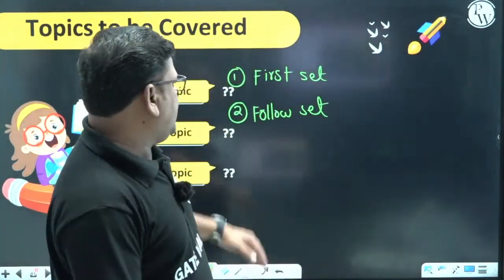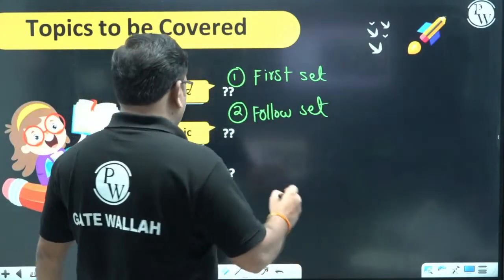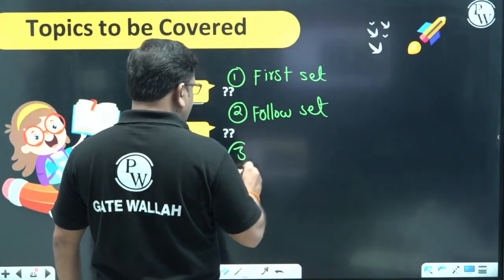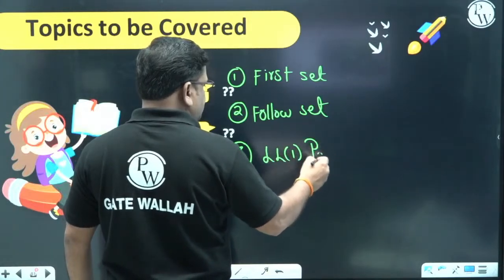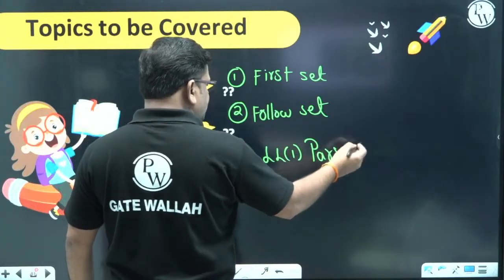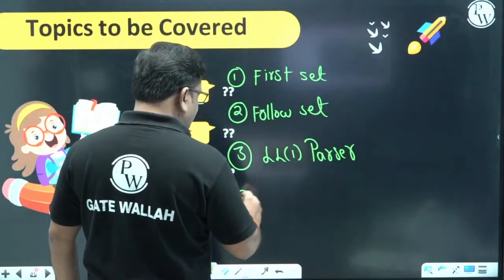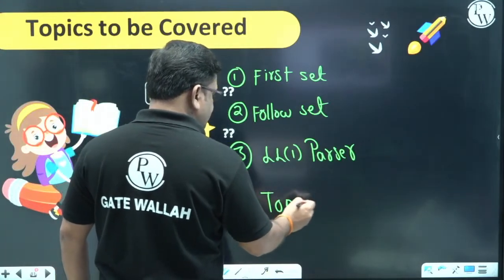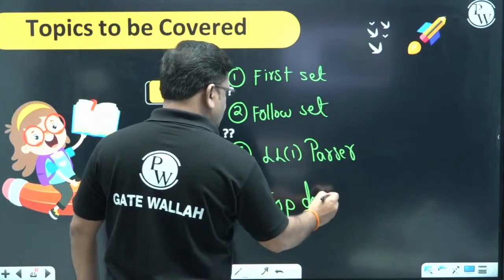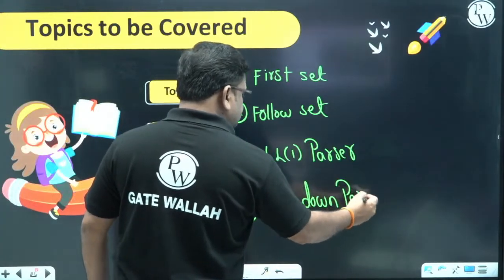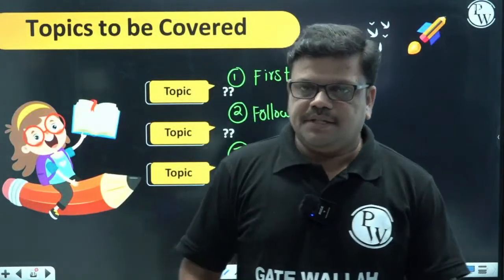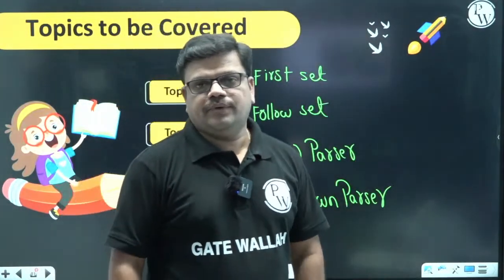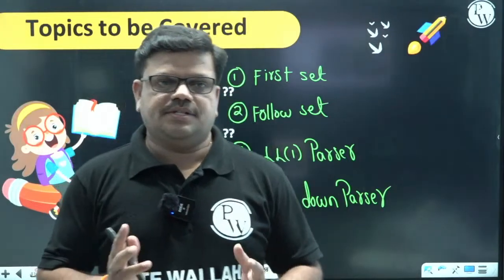Based on the first and follow set values, we are discussing a special type of top-down parser called the LL1 parser. So today's discussion is completely on the top-down parser. This is today's agenda.